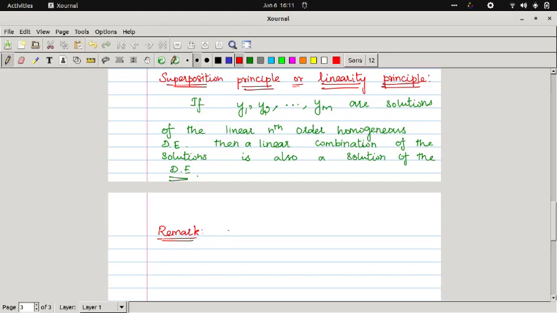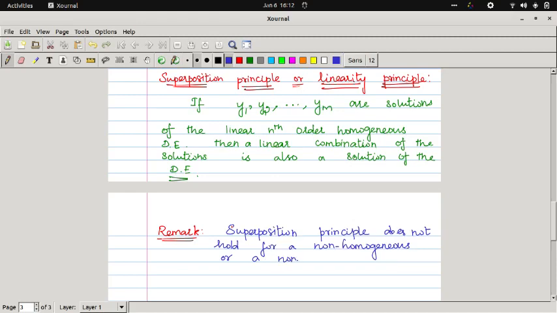The superposition principle is not valid for non-homogeneous or nonlinear differential equations.